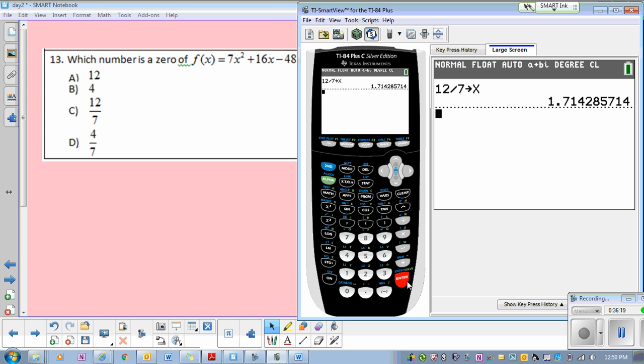Now you're telling the calculator, anytime I put in x on this main screen, it means 12 over 7. So put in your equation, 7x squared plus 16x minus 48. Hit enter. I get 0. That tells me it is a 0. So this one's good.